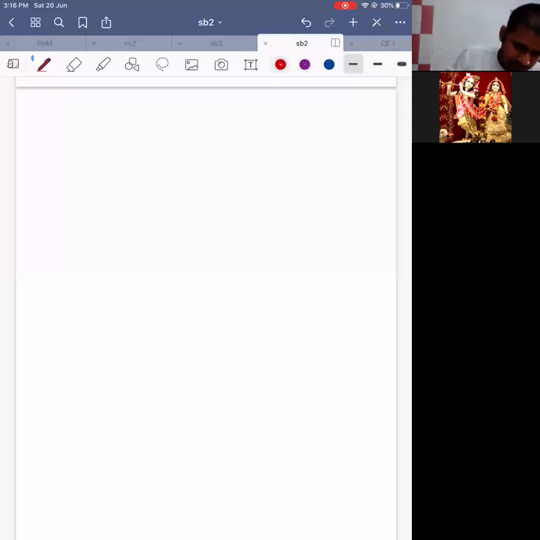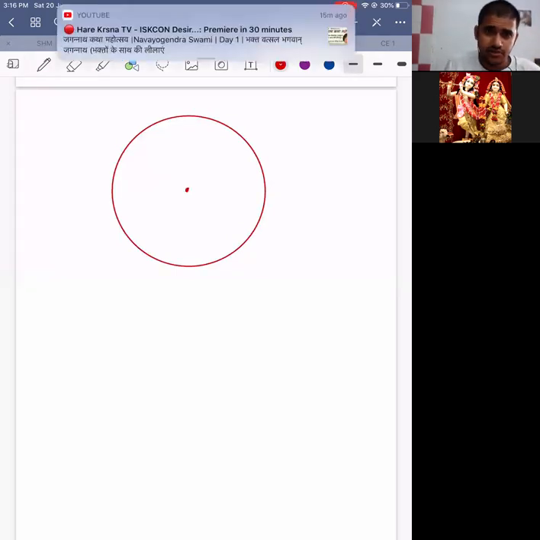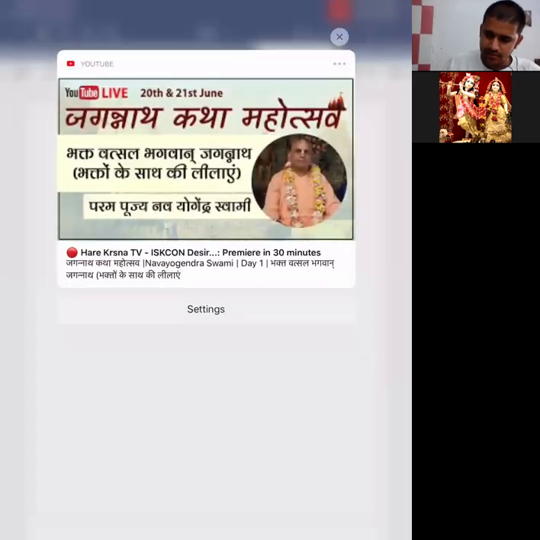So note down the question. A body is doing circular motion with constant velocity.